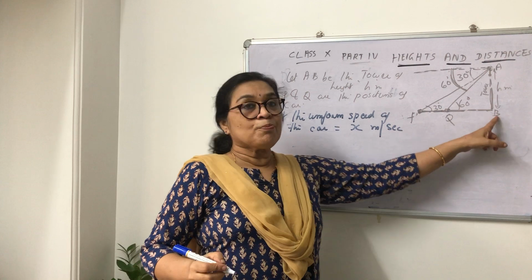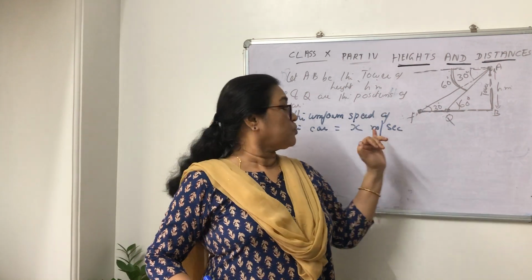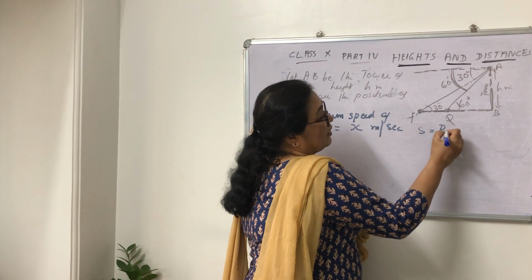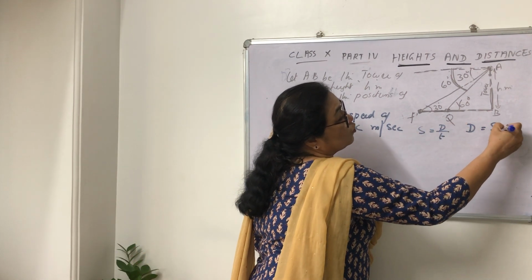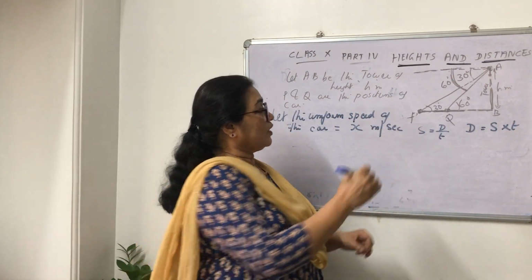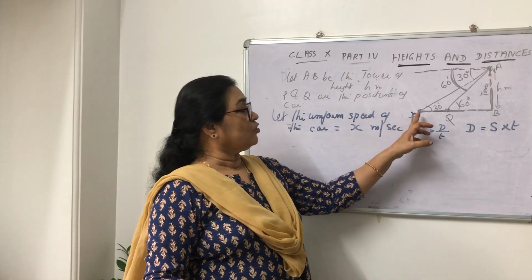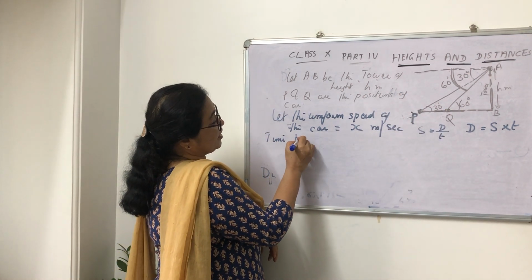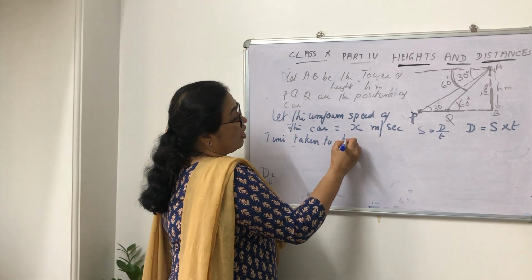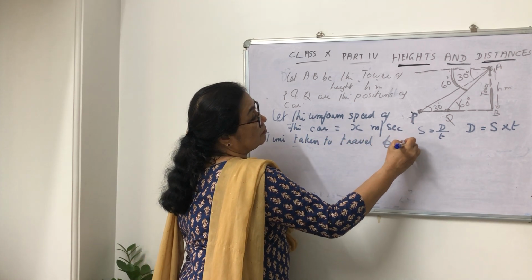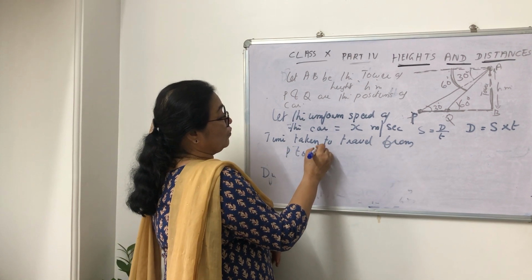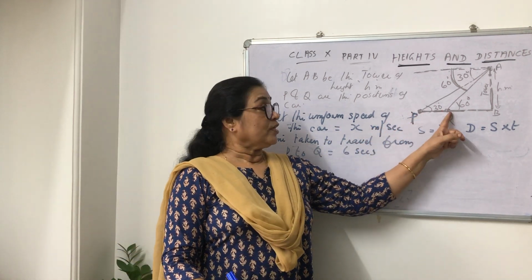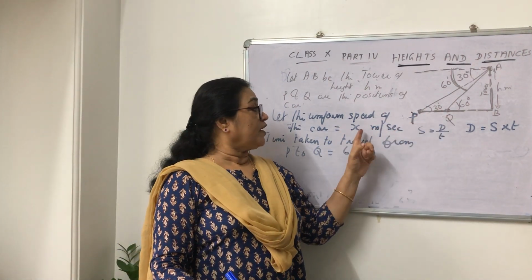So from P to B it travels with a uniform speed x. You know that speed is equal to distance by time, so distance is equal to speed into time. Time taken to travel from P to Q is 6 seconds. Speed is x.